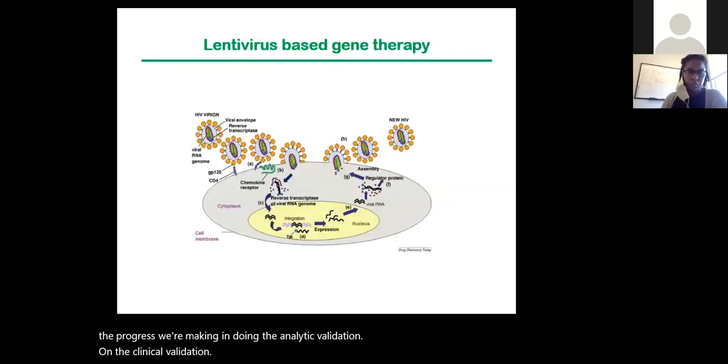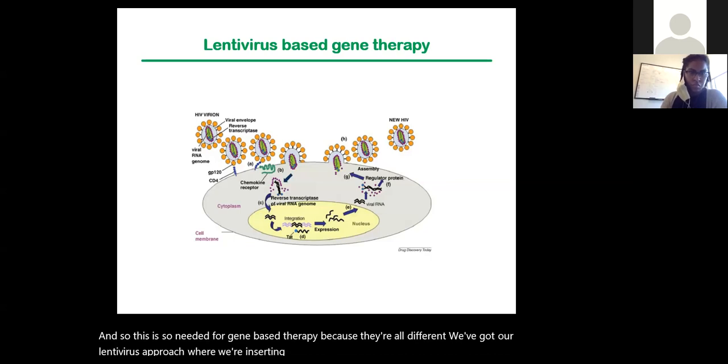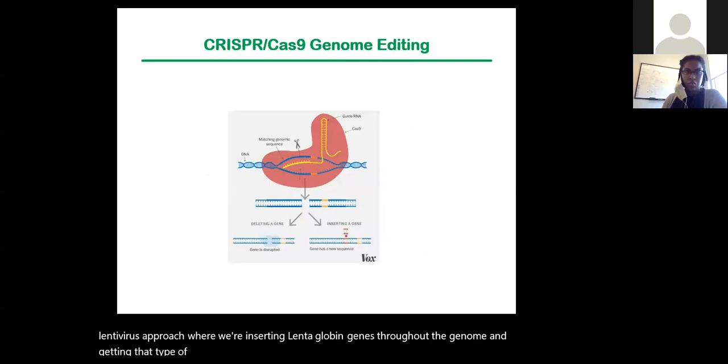And so this is so needed for gene-based therapy because they're all different. We've got our lentivirus approach where we're inserting lentiglobin genes throughout the genome and getting that type of hemoglobin. We have the CRISPR-Cas9 gene disruption approach where we knock out the erythroid element of BCL11A and get fetal hemoglobin production.